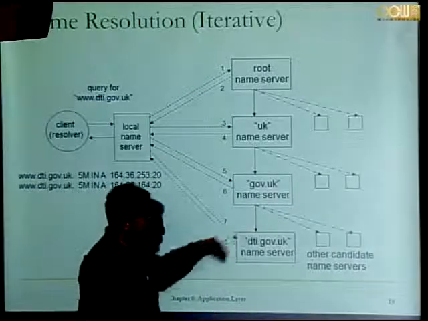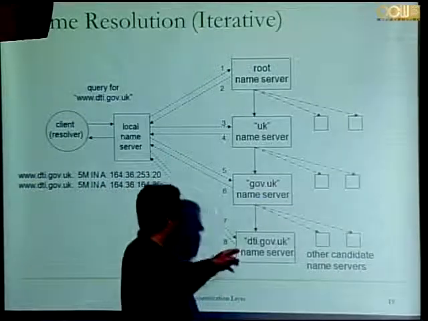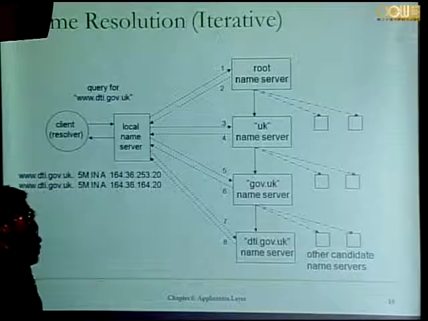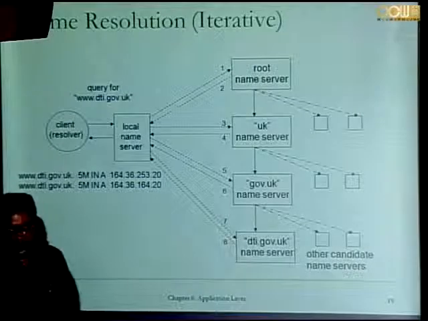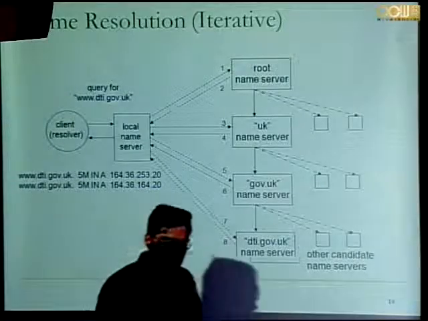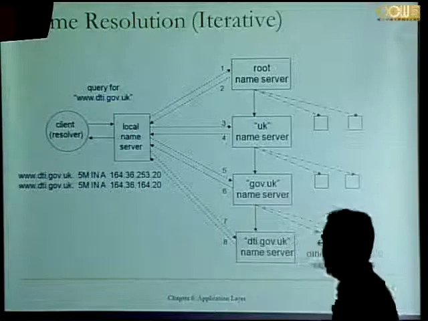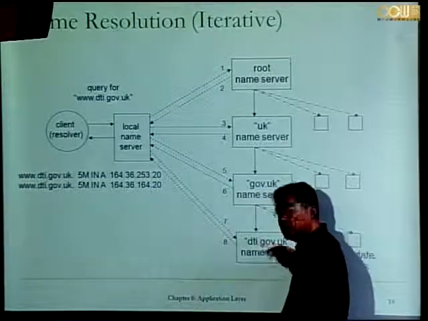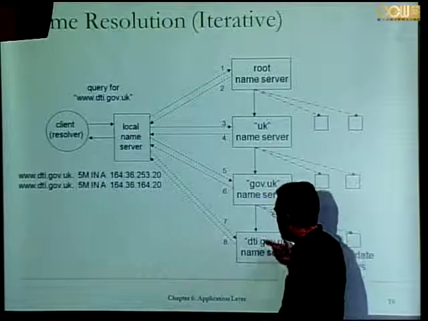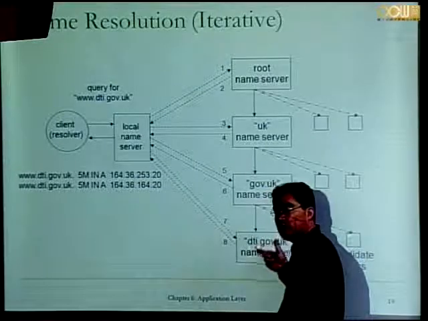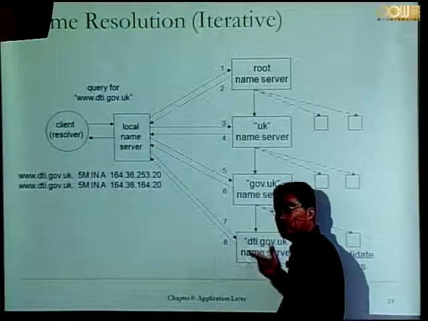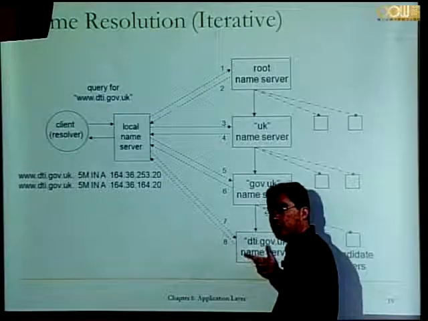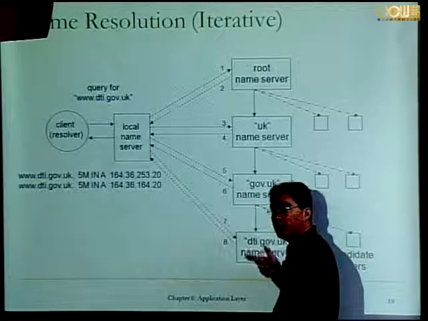So I ask again. Okay, and finally, this name server has the answer, because www.dti.gov.uk is managed by this name server. So it looks up its zone data files. It looks up the resource record, looking for the A record.